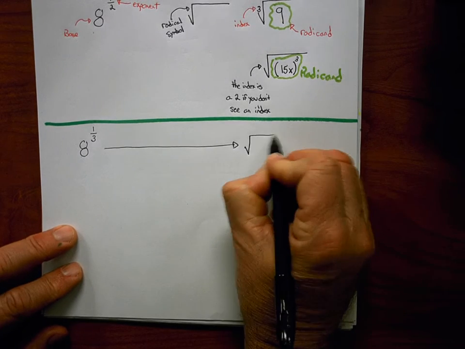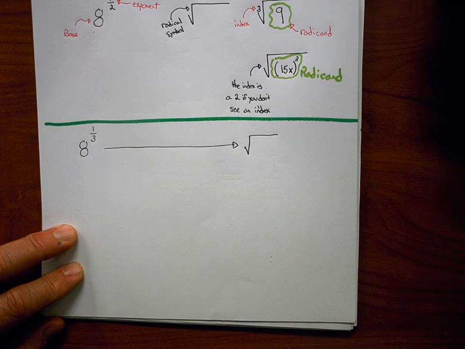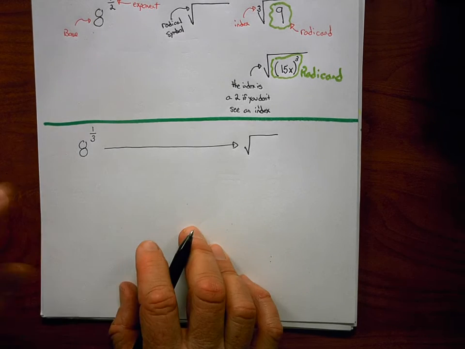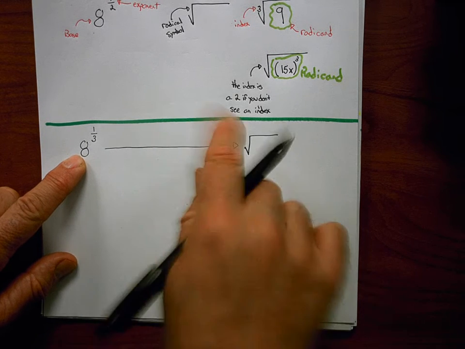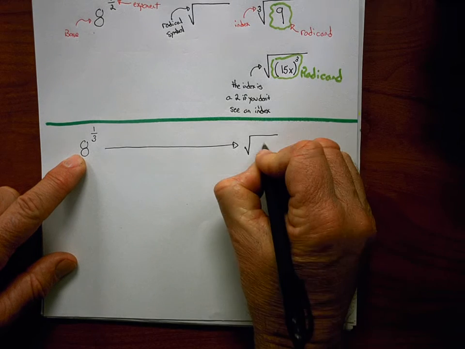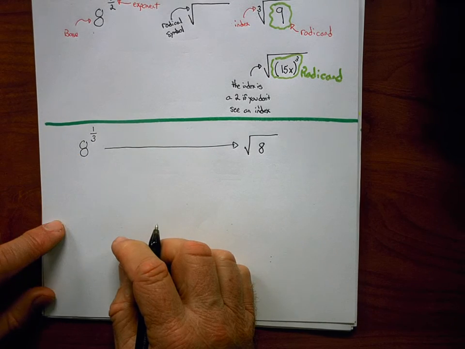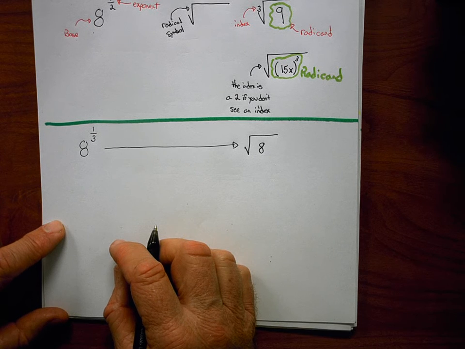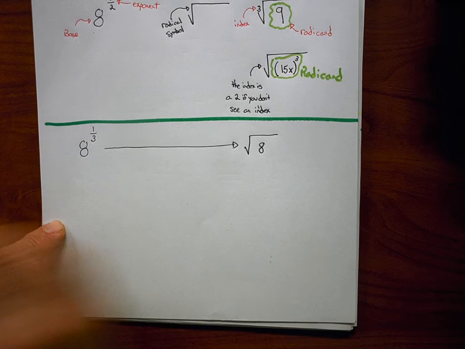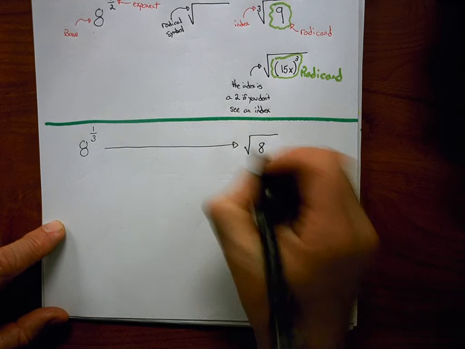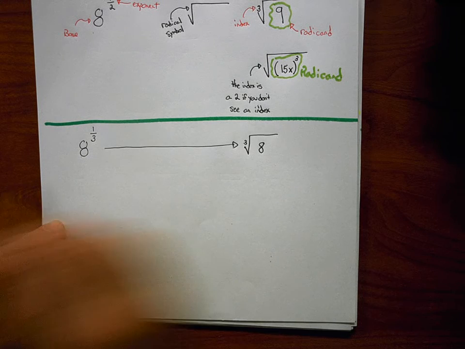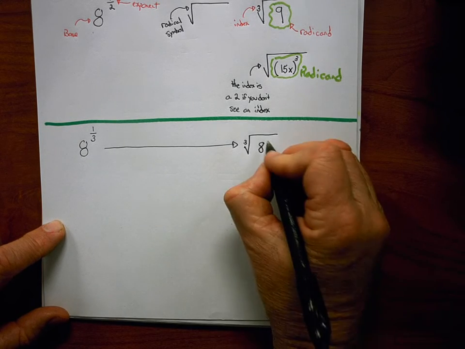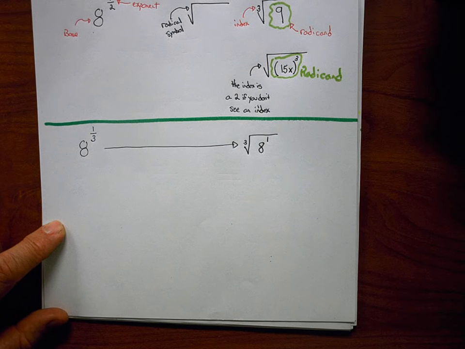Draw the radical symbol. Take the base, which is 8, and make it the radicand. Take the denominator, which is 3, and make it the index. Take the 1, which is the numerator, and make it the exponent for the radicand. So your radicand would be 8 to the 1 power, and you would have an index of 3.